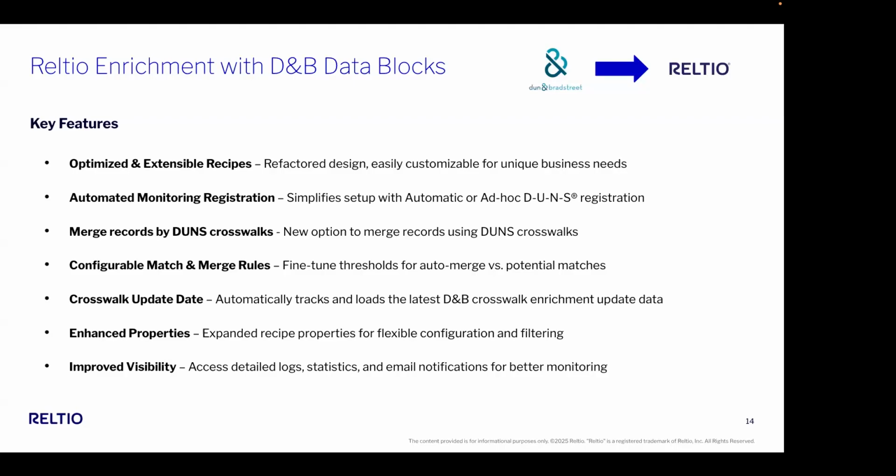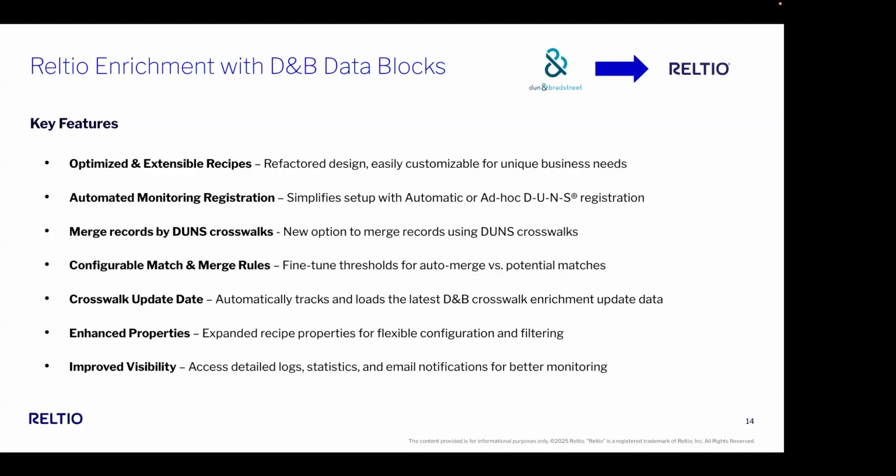We had many customers requesting, especially customers of our Direct Plus connector, where merge would happen on the fly based on the DNB crosswalk ID being the DUNS number alone. So now that's something that we have done for customers of our Direct Plus connector. You will now be able to retain the same behavior if you adopt the RIH solution. You will be able to merge your profiles by the DUNS crosswalk alone.